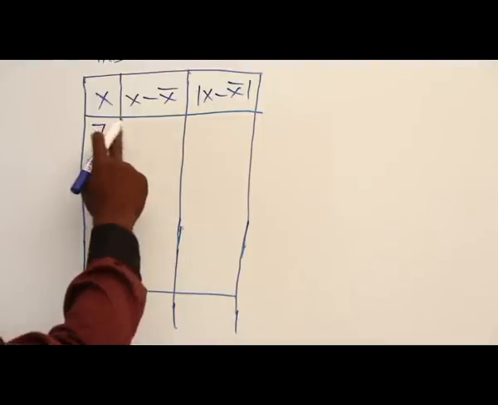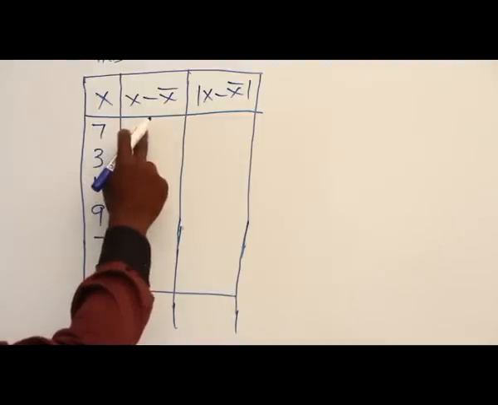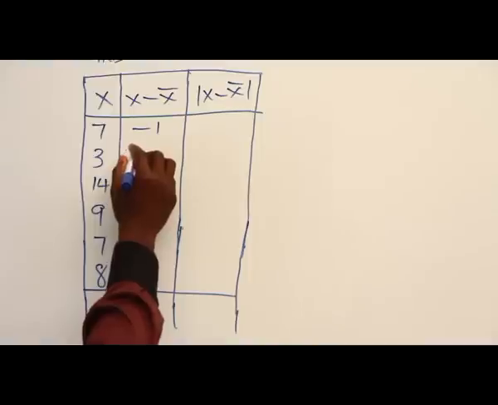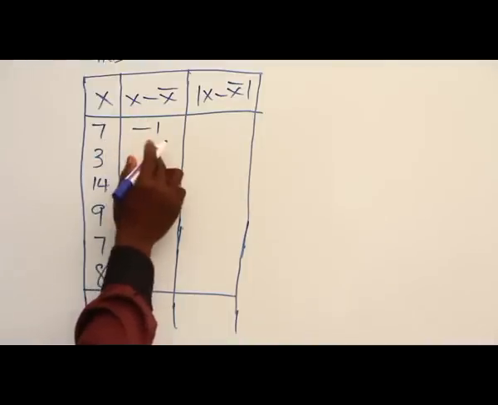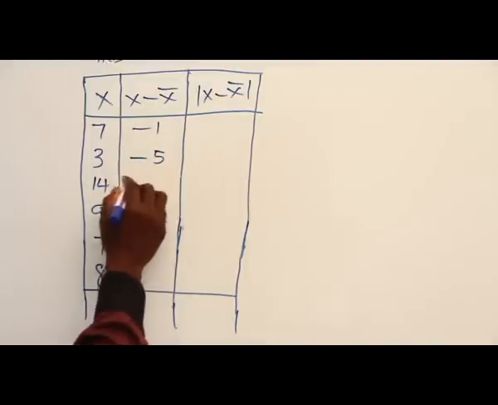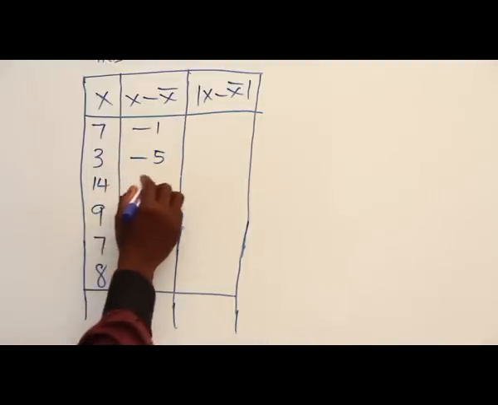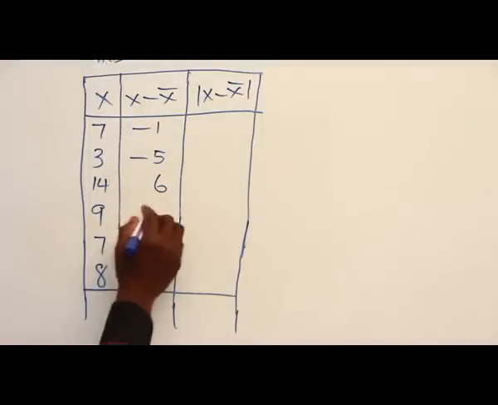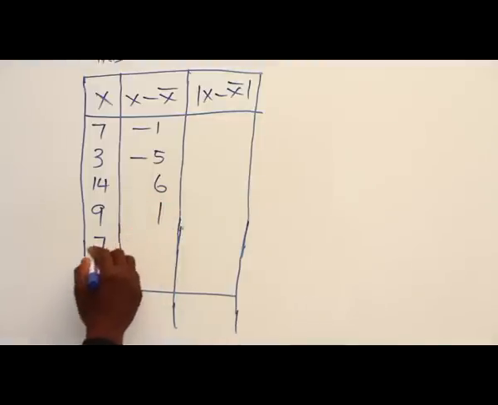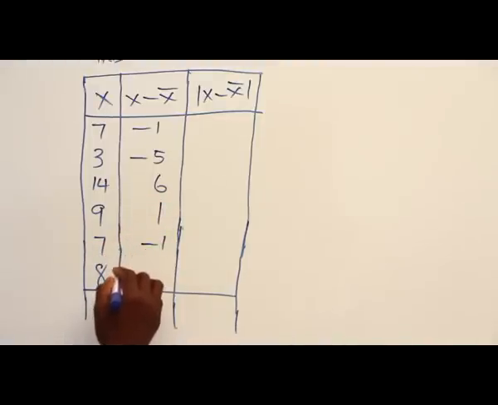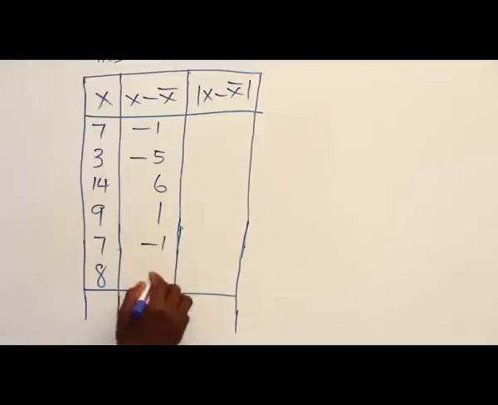So 7 minus 8 will give minus 1. 3 minus 8 will give minus 5. 14 minus 8 will give 6. And 9 minus 8 will give 1. 7 minus 8 will give minus 1, and 8 minus 8 will give 0.